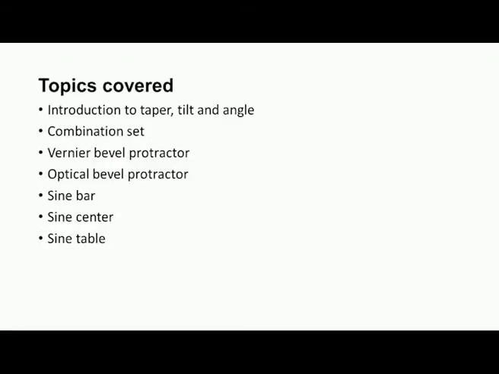In the first lecture, we will be covering the introduction to taper, tilt and angle, what is the meaning of these terminologies, and then what are the various instruments used for the measurement of taper, tilt and angle.